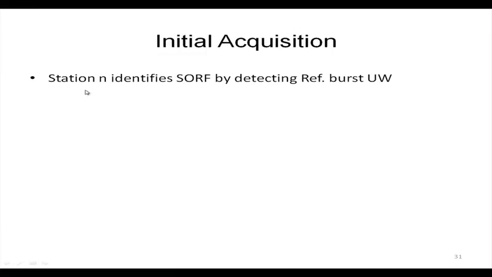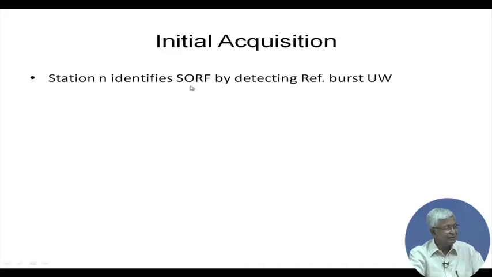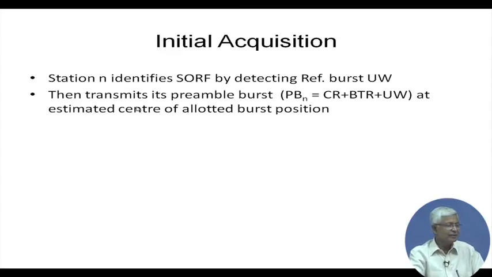In initial acquisition, the station n identifies SORF by detecting the reference burst unique word. Then it transmits a few bits which is the preamble burst, PBn of the nth station, which consists of the carrier and bit timing recovery and the unique word, because his demodulator has to detect that particular burst.